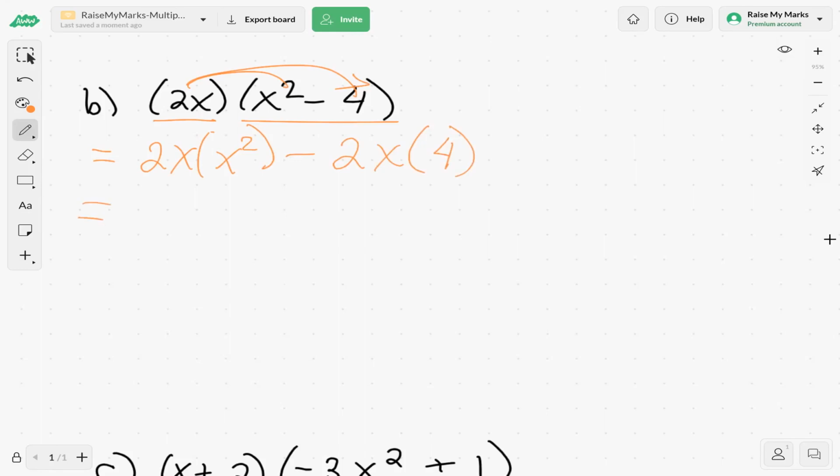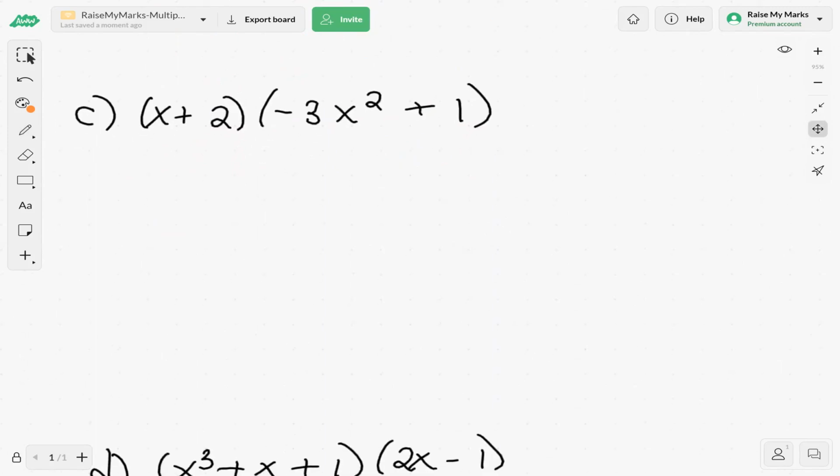So again, we've reduced our problem to monomial times monomial in each term. For the first term, we have 2 times x cubed. Again, we add the exponents. Minus 2 times 4 is 8x. Okay.